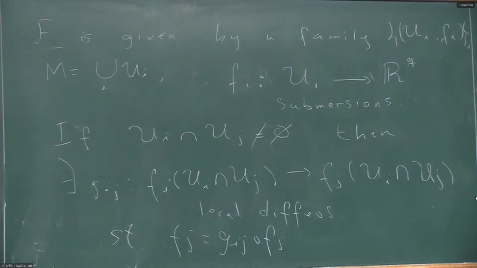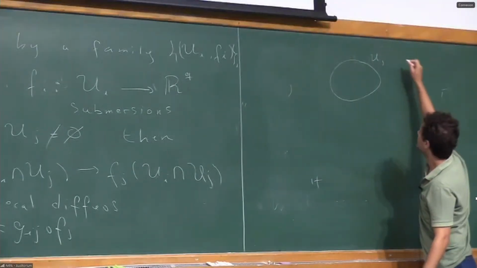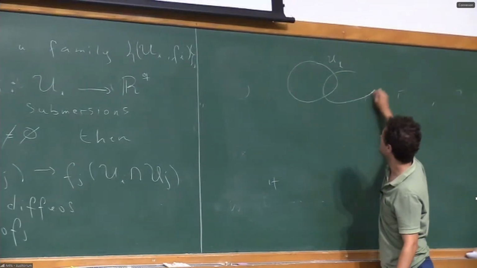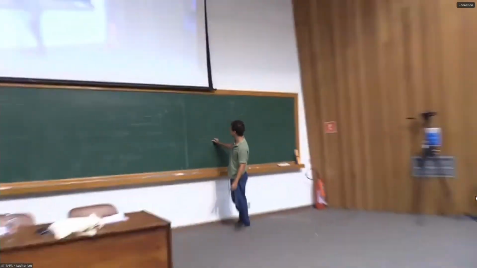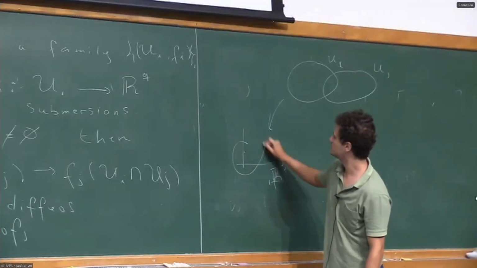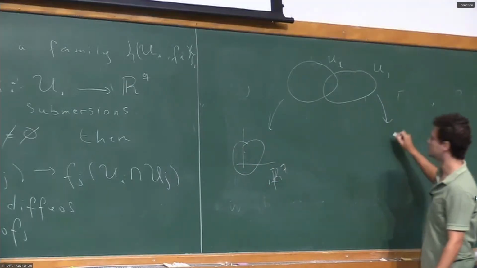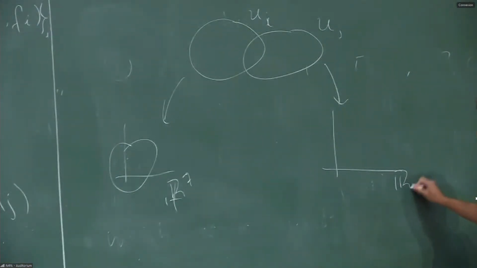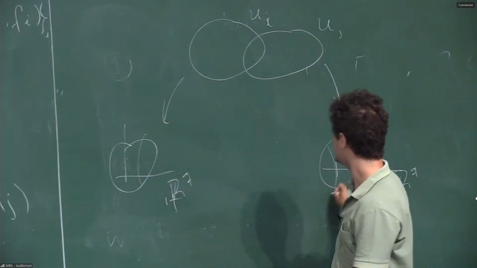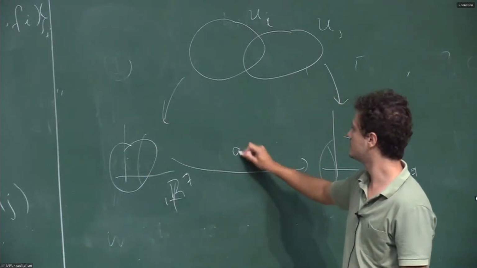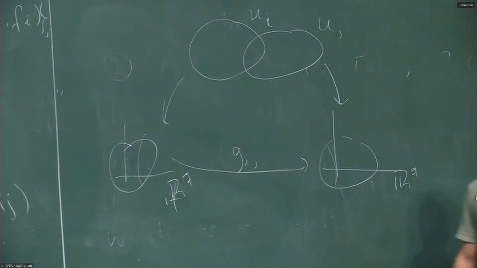We have U_i, you have U_j, this goes to R^q, this goes to R^q, and in the intersection we have g_ij. Okay?